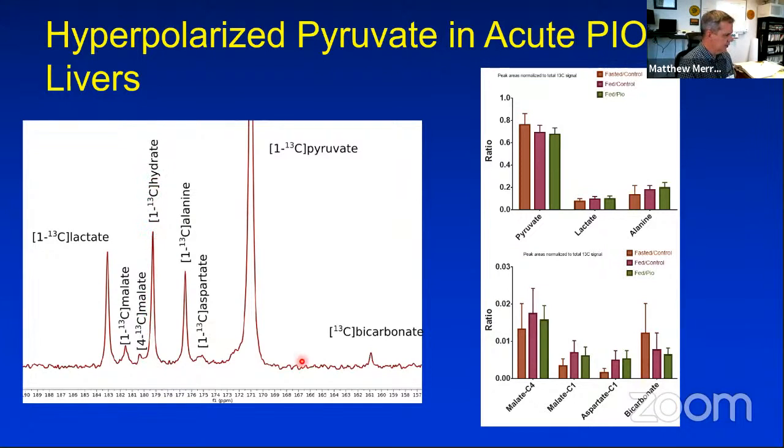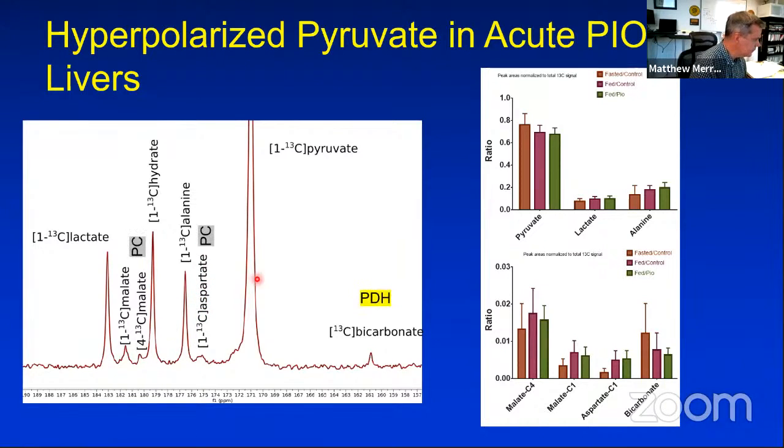And then if it goes through PDH, it'll make a carbon-13 labeled bicarbonate because of the CO2 elimination. Or if it goes through pyruvate carboxylase, then it will make malate and aspartate, these 4-carbon TCA cycle intermediates, or aspartate in fast exchange with oxaloacetate.